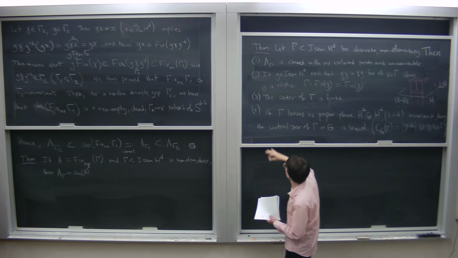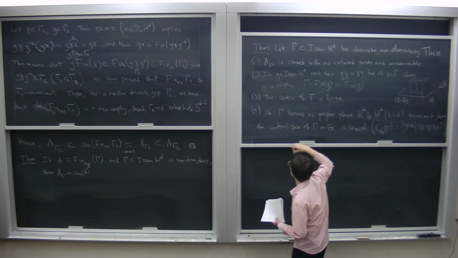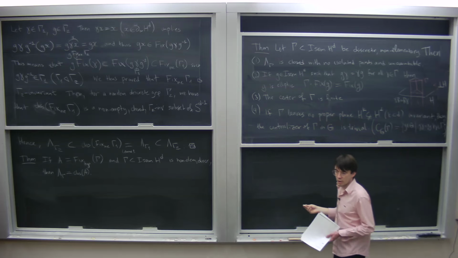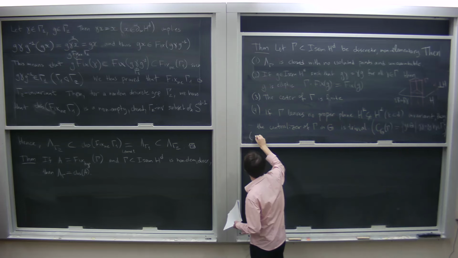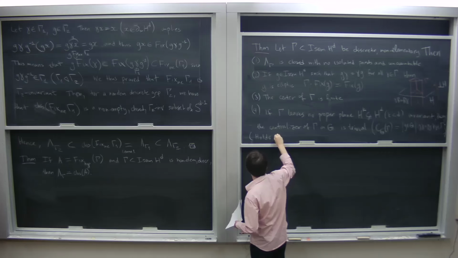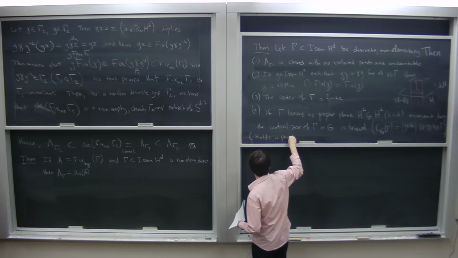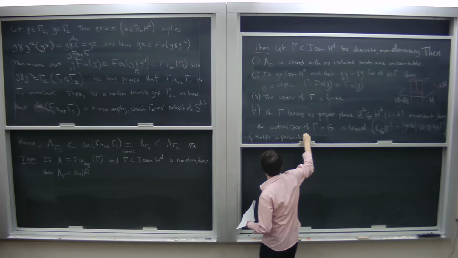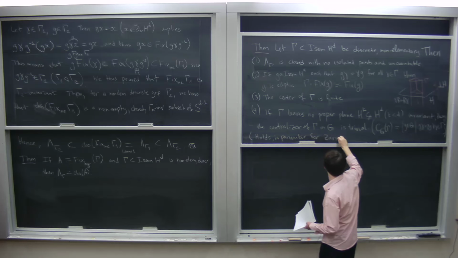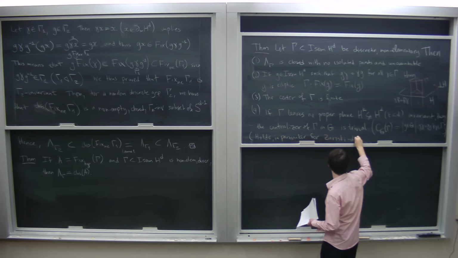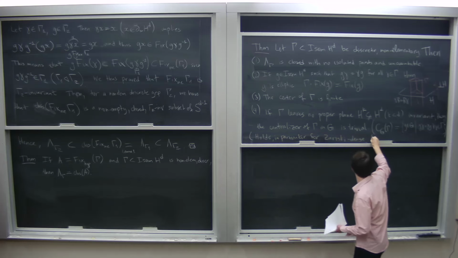So part number 4 in particular covers all Zariski dense subgroups, right? So this holds in particular for Zariski dense discrete groups.